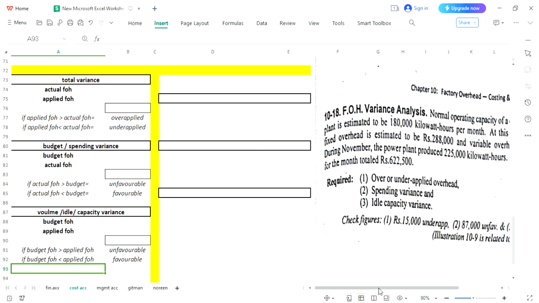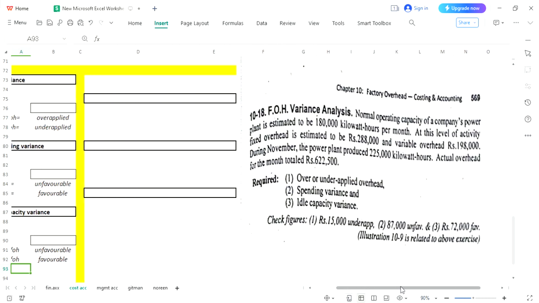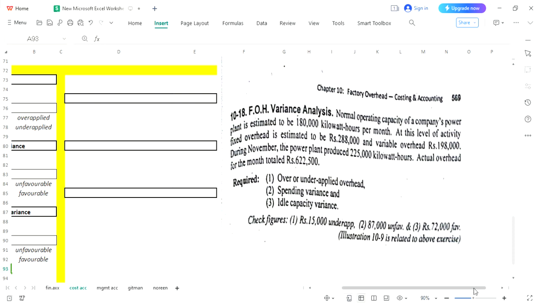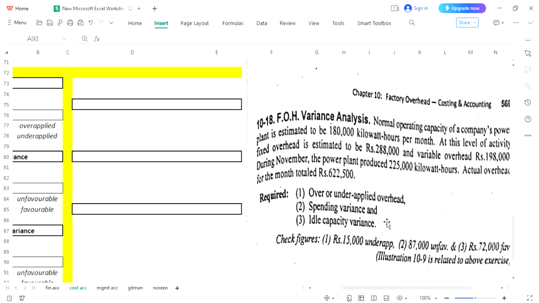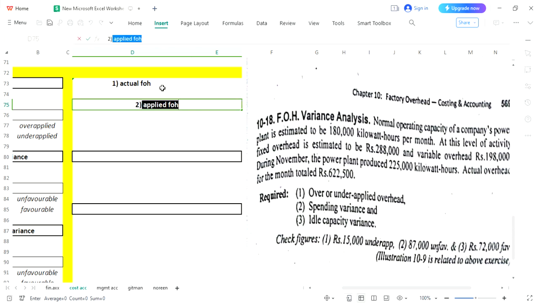You need to calculate three major things. The very first thing is your actual FH, which is normally given in the question. Secondly, you will calculate applied FH.